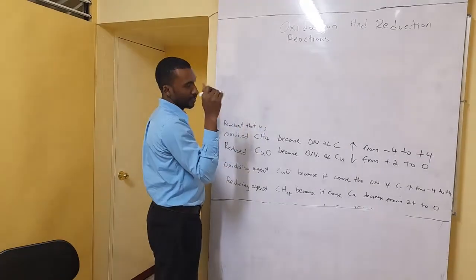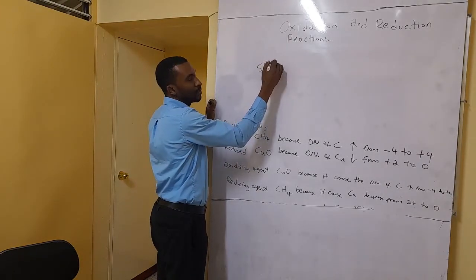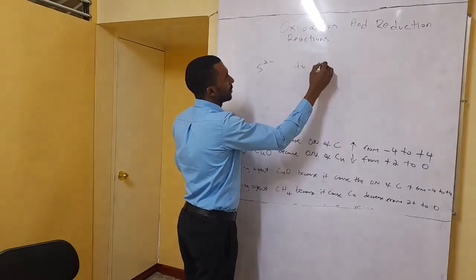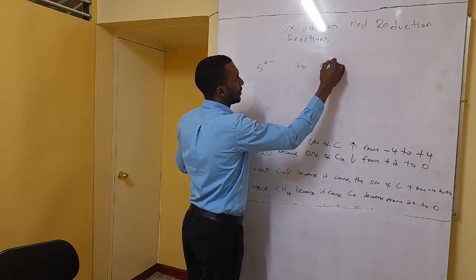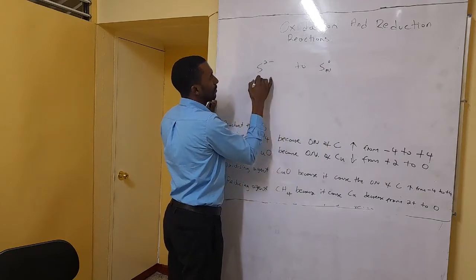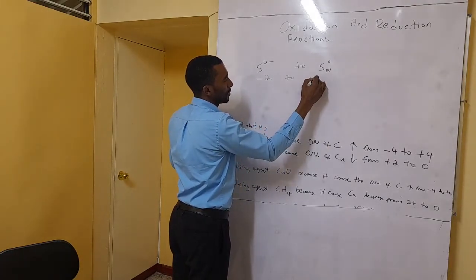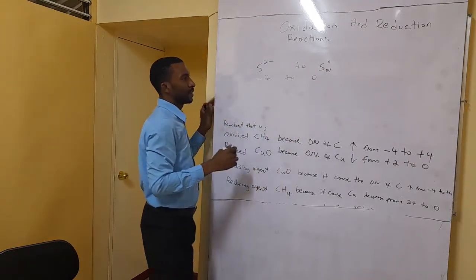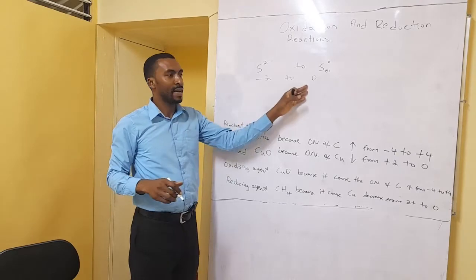Say for example in this case we had sulfur. Sulfur moved from -2 to sulfur solid, which is 0. So this is oxidized.